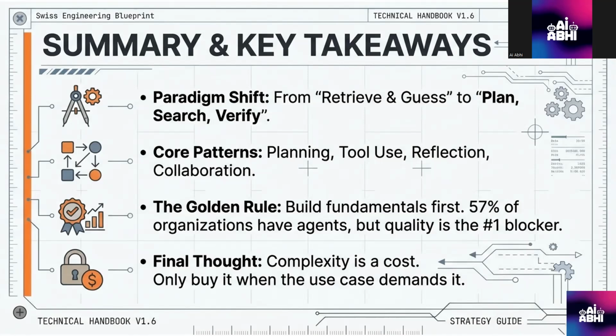Master this and you can build anything. Use ReAct as a base pattern, add routing to manage cost, add reflection for quality, and add multi-agent only when you need it, or else don't. But don't forget, 57% of organizations have agents in production, but quality is still the biggest blocker. Build strong fundamentals first, measure everything, upgrade layer by layer.